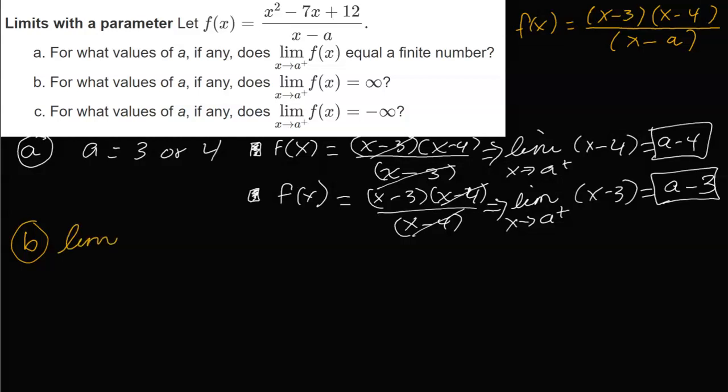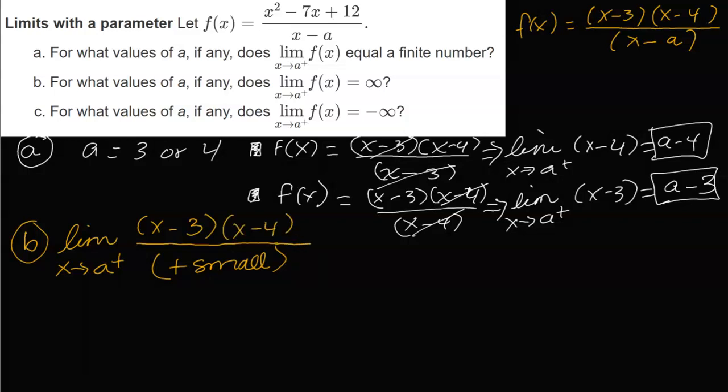Limit as x goes to a from the right, meaning now on the denominator, you will have a positive small number, and on the numerator, you would have x minus 3 times x minus 4. Now, what number can a be, right?